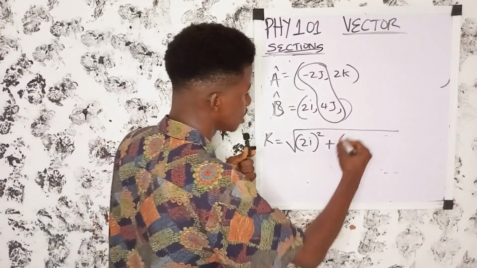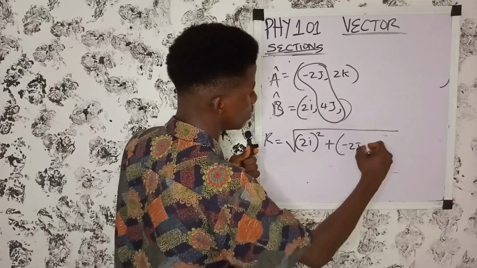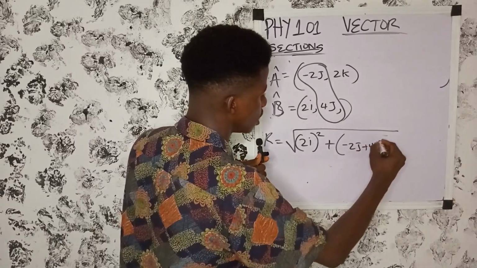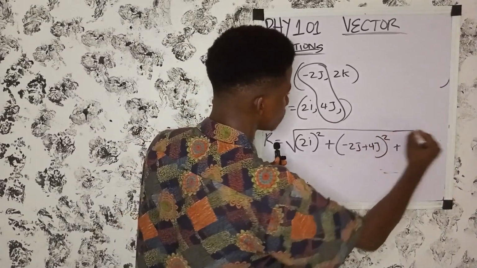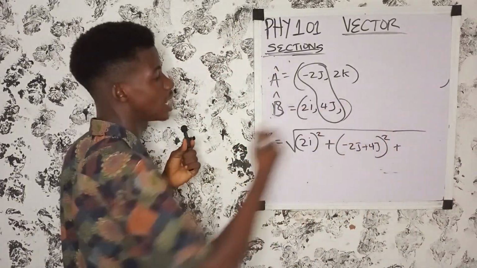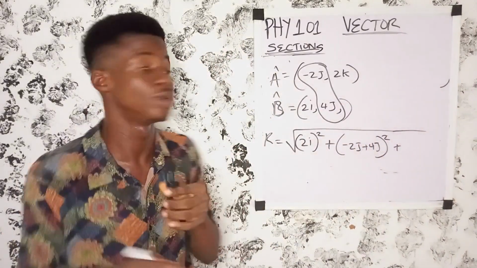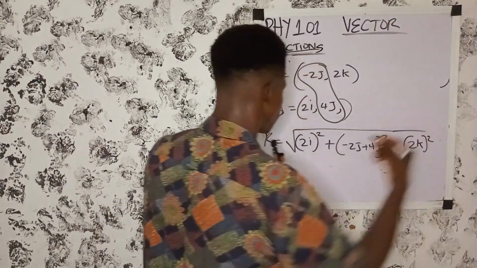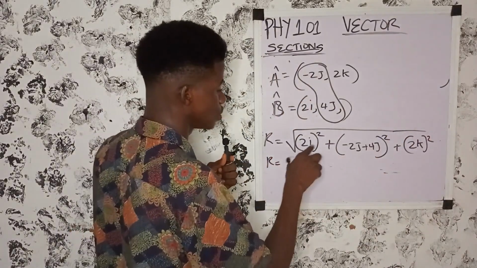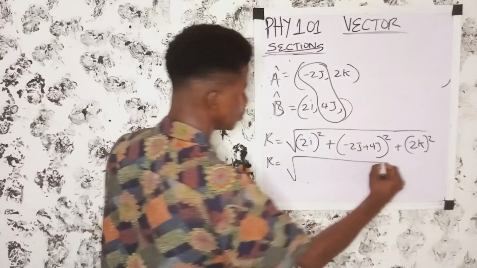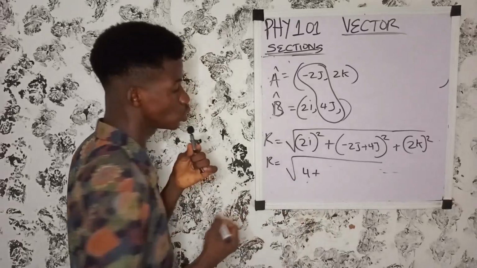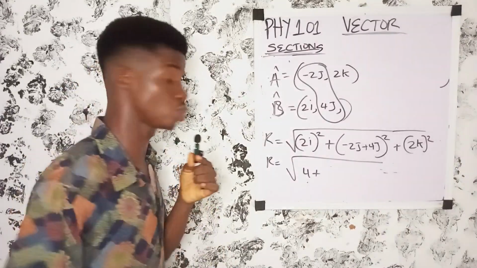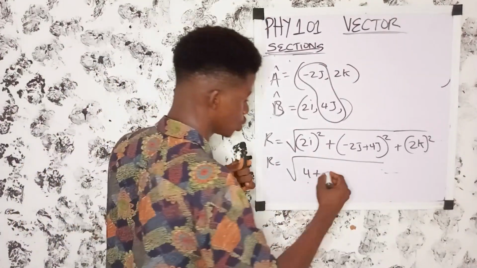So it's minus 2j, then plus 4j, then squared, then plus the last part, 2k. Look at B. B does not have k, it's 0. So we always do it like this: 2k squared. It's easy. Okay. So the square of 2 is 4. Then minus 2 plus 4 will give us plus 2.